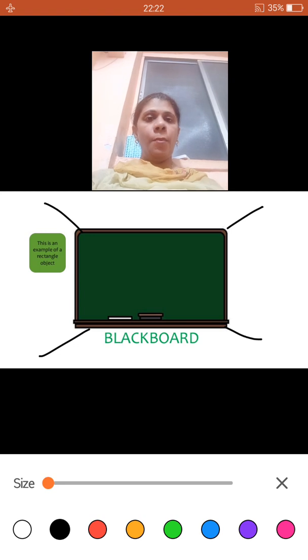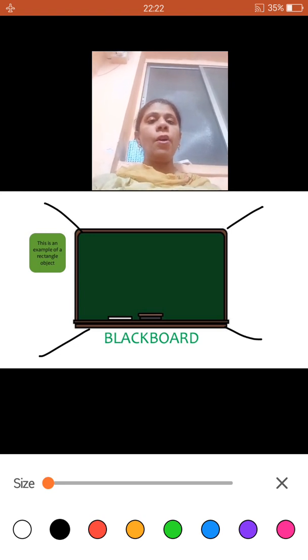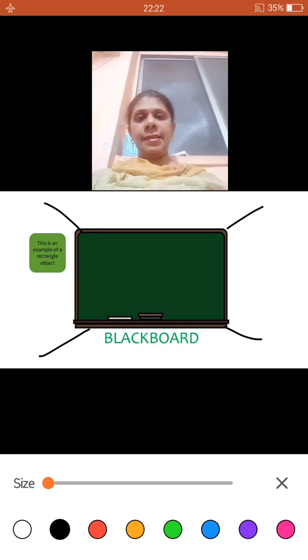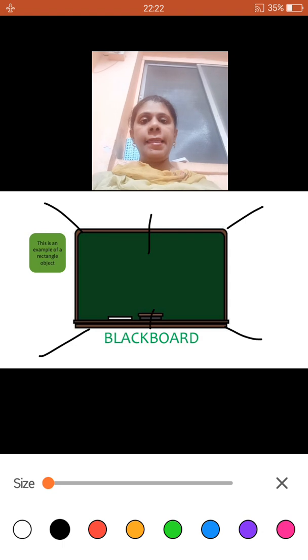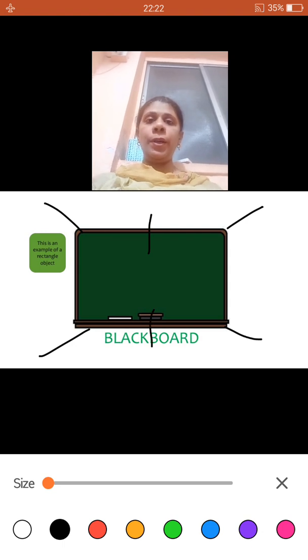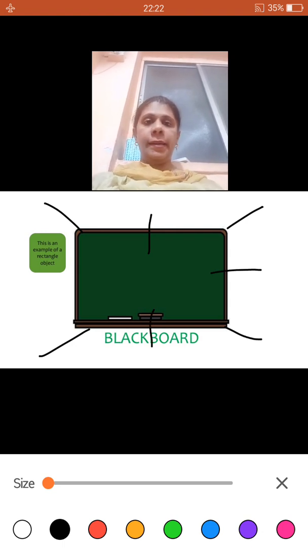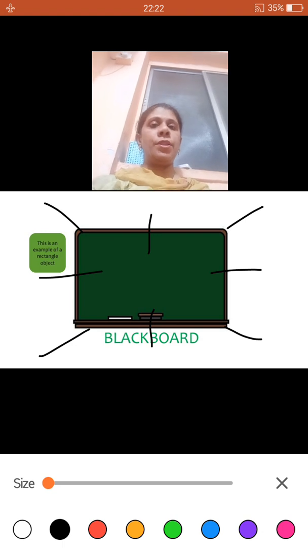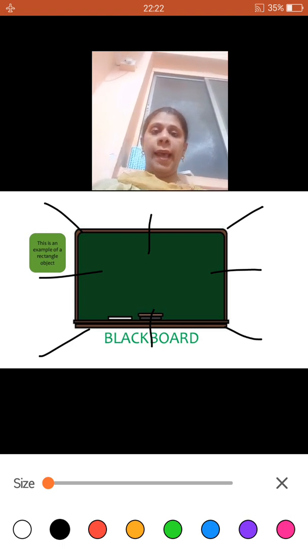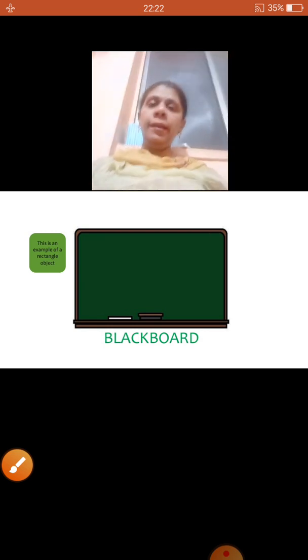How many edges and how many corners? 4 edges and 4 corners. And the opposite sides, see, this side and this opposite side are equal to one another. And here this side is opposite to this side. So in a rectangle, opposite sides are always equal in length.